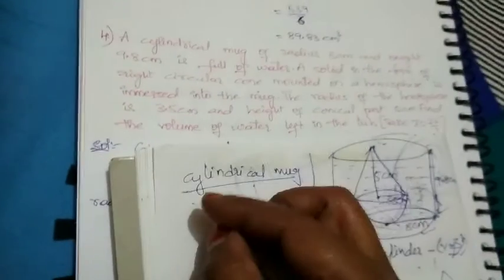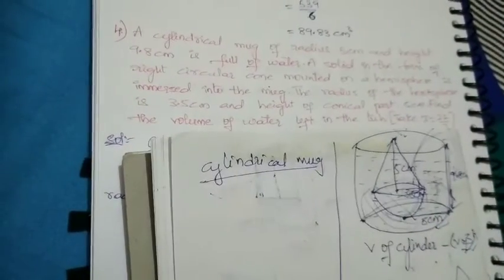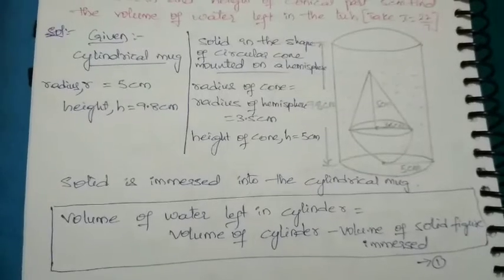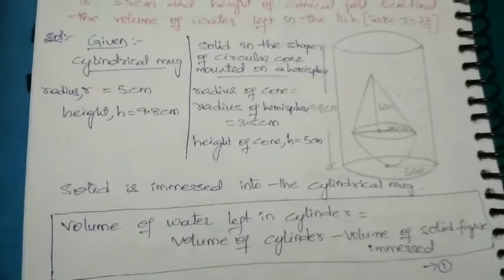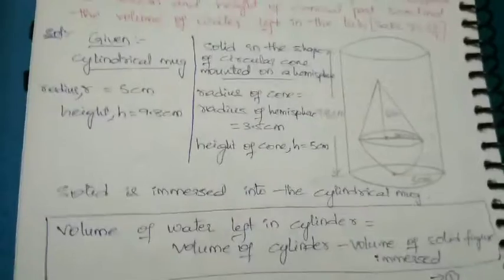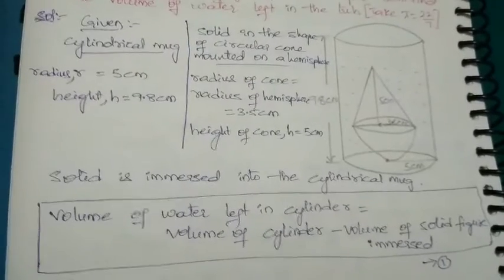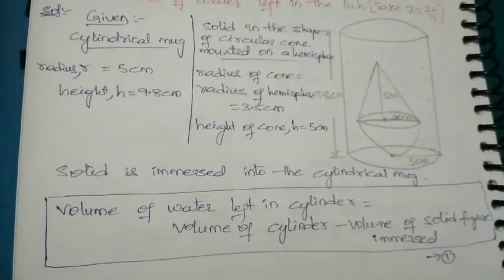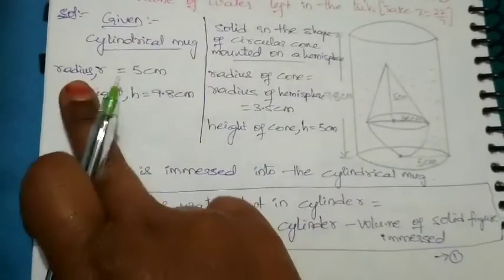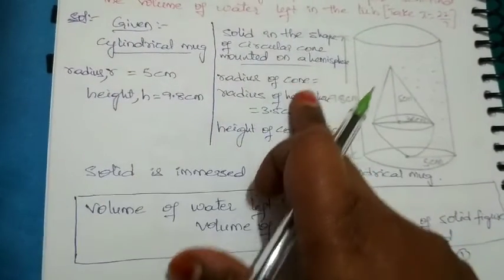Clear? So let us take the measurements separately. Here we are taking the cylindrical mug measurements and the solid shape measurements separately. Here it is the cylindrical mug measurements and the radius of the cone.